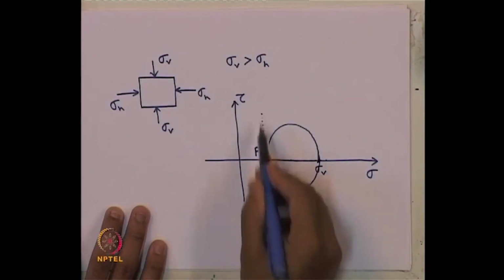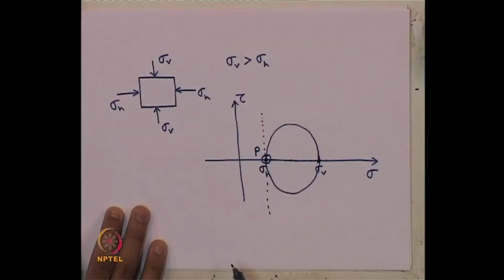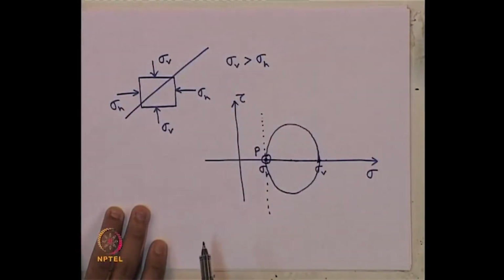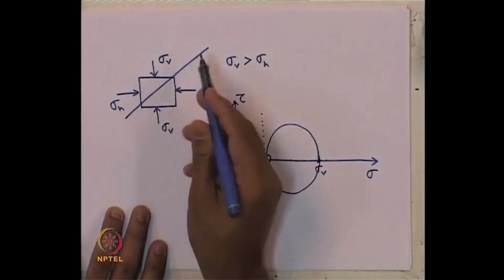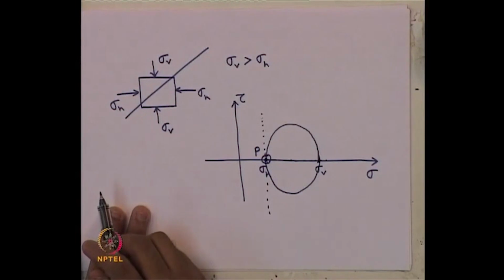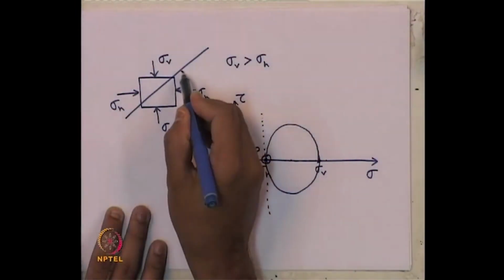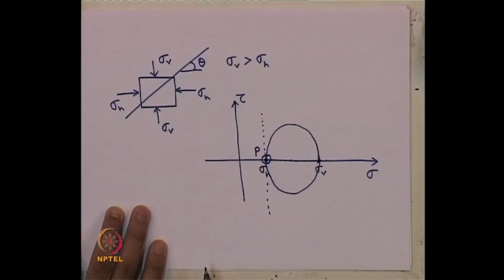So, P, this junction of these two planes where they meet together, that is nothing but pole of the Mohr circle. Why pole is so important? Because suppose if we want to know the stress condition at any inclined plane, what are the stresses? So, obviously, that will not be a principal stress, their normal stress and shear stress both will be present at an angle, say theta with respect to this direction.